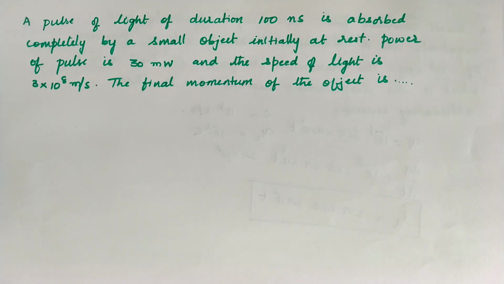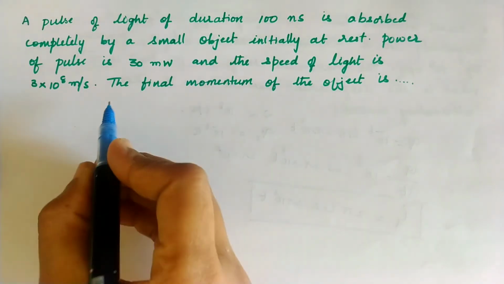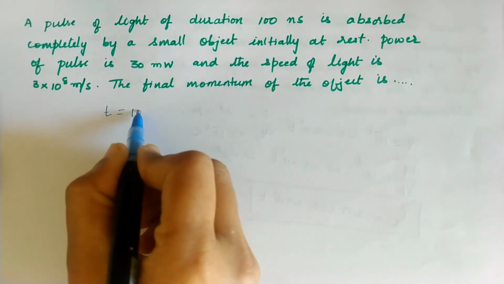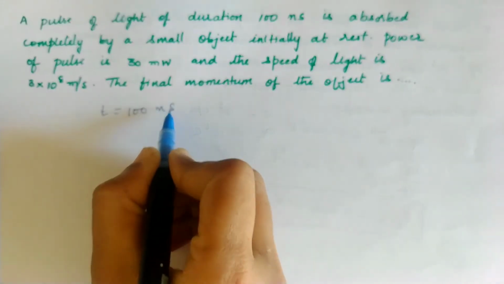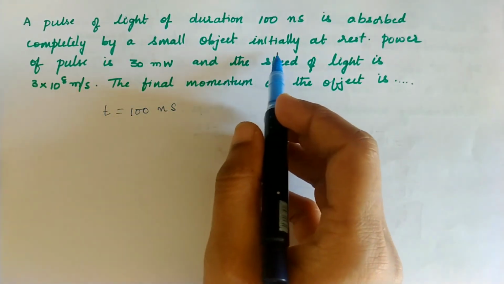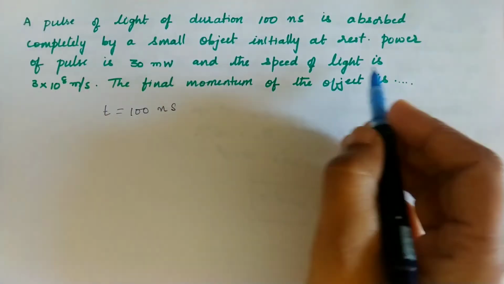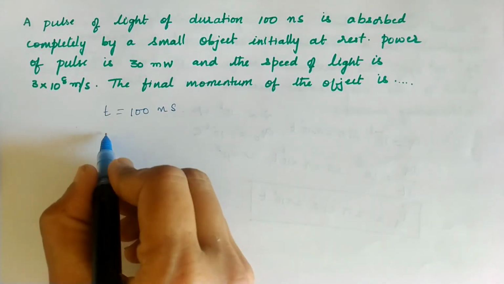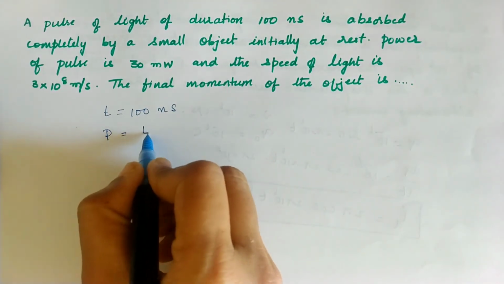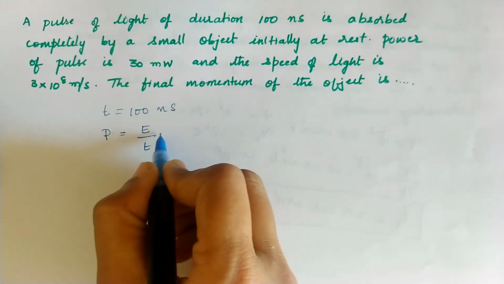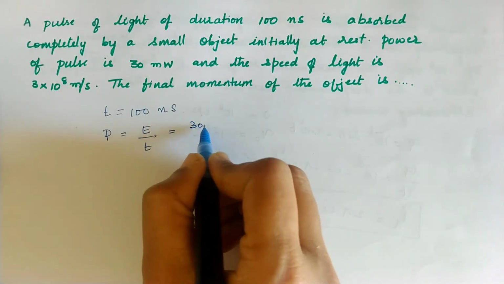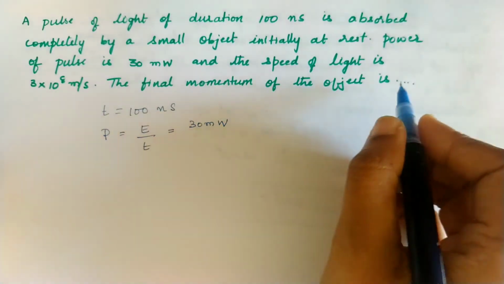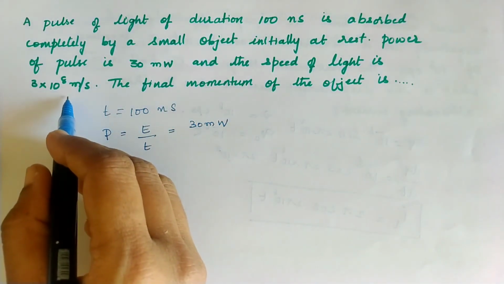Now coming to this question, there is a pulse of light whose duration is 100 nanoseconds. So T is given as 100 nanosecond. It is absorbed completely by a small object initially at rest. Then the power of the impulse, we know power is energy by time, is given as 30 milliwatt. And the speed of light is 3 into 10 power 8 meter per second.